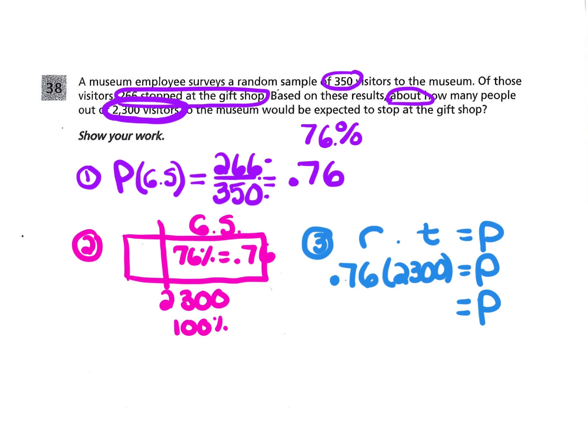Punch it into your calculator. 0.76 times 2,300. You should get 1,748 people would be expected to stop at the gift shop. Let's move on to the next question. Please turn the page.